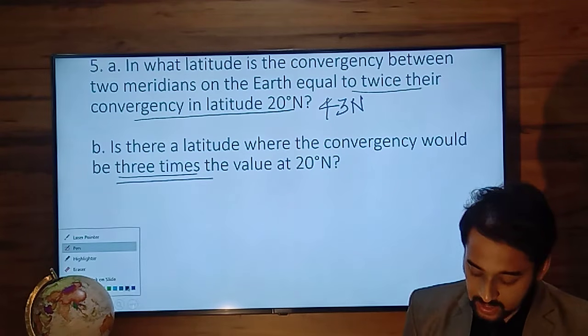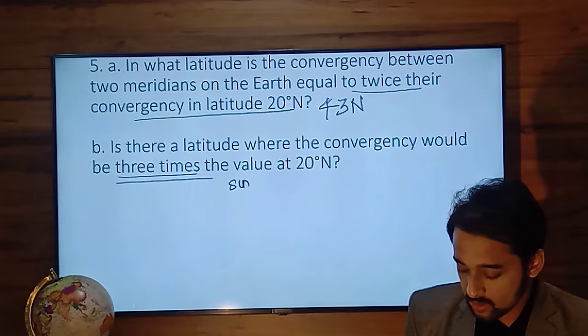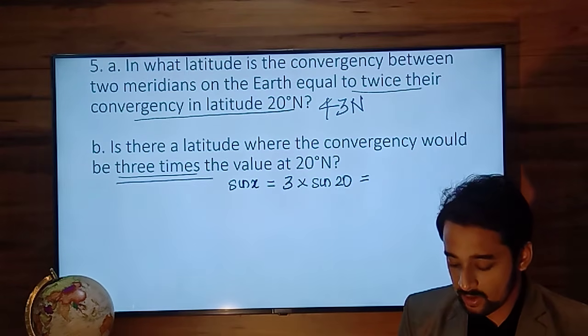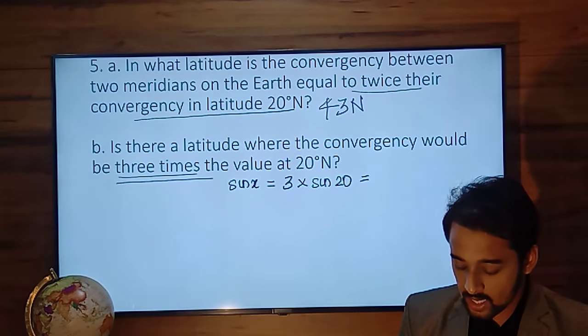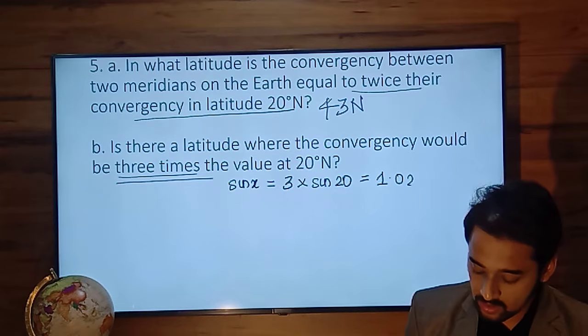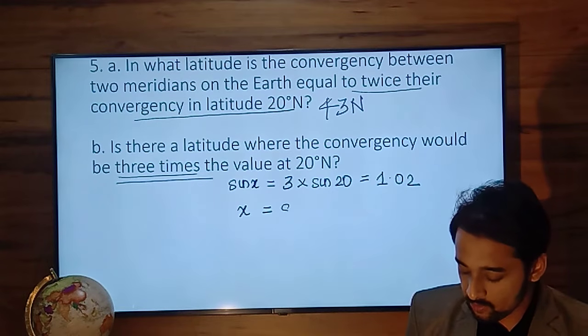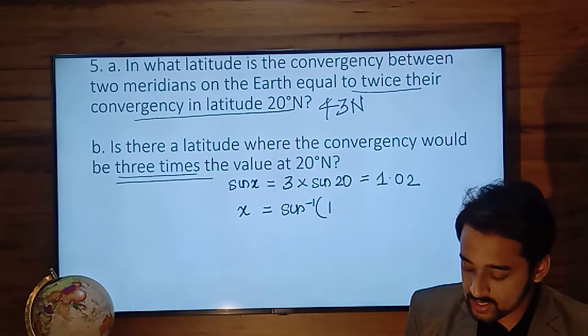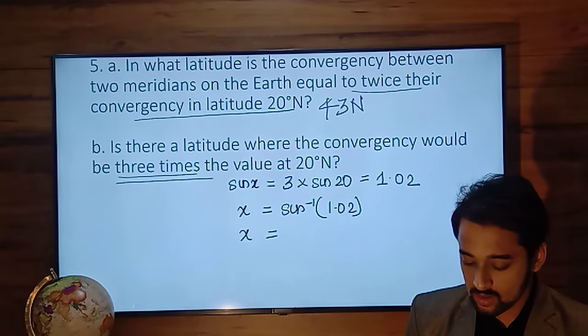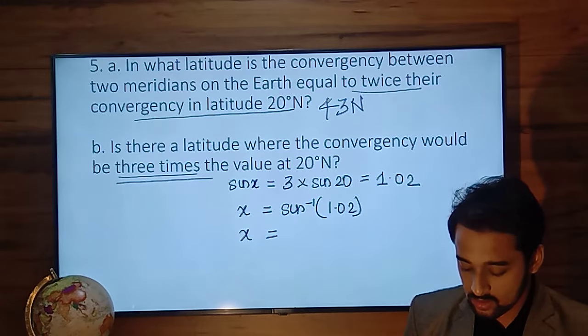Sine of x is equal to 3 times sine of 20, which will give me 1 point something. So x will be sine inverse of 1.02.